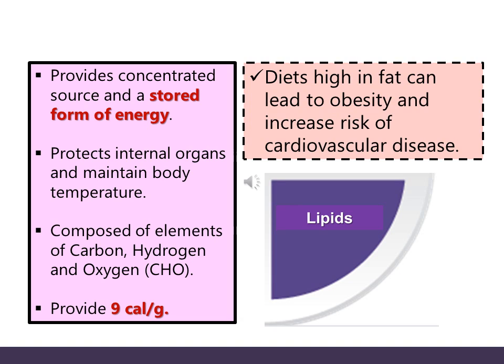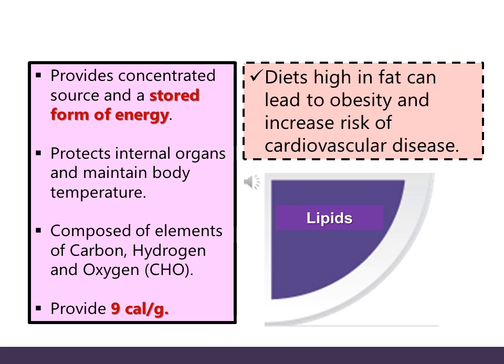Because it protects internal organs and maintains body temperature. The elements of lipids are carbon, hydrogen, and oxygen. You would notice that lipids or fats provide higher calories in every gram of food. They provide 9 calories per gram.